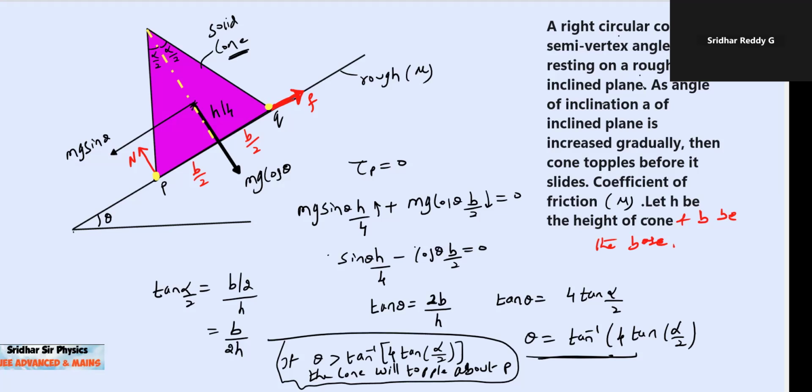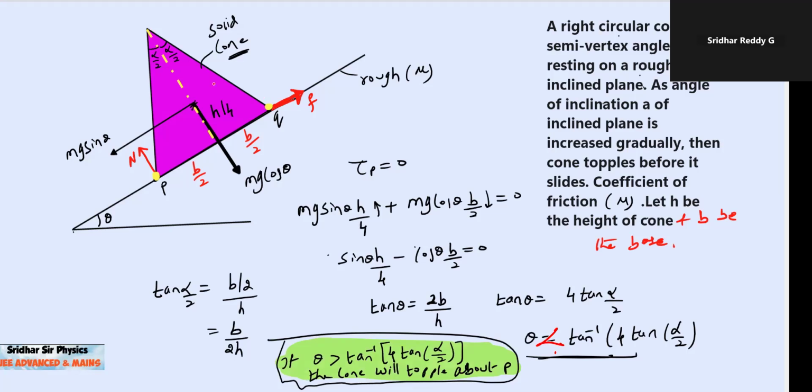Okay, then the next question comes. What will happen if theta is less than this? It will not topple. I'll say if theta is less than this value, the cone will not topple, it will stay.